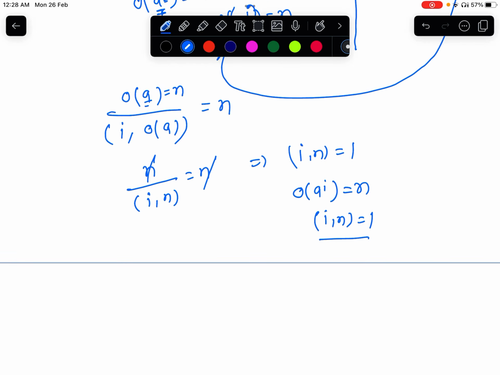That means if a^I becomes a generator, I is relatively prime to n.